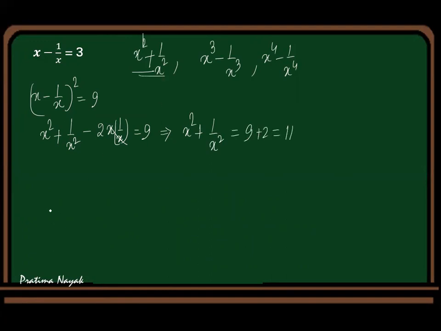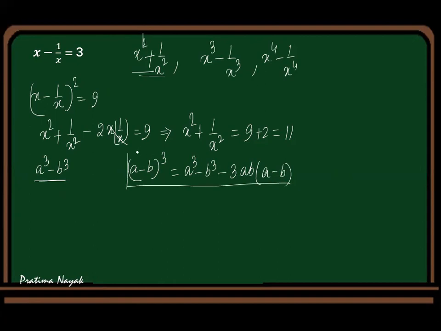One part is gone. Next, coming to x cube minus 1 by x cube. Here I will apply the formula: (a minus b) whole cube is equal to a cube minus b cube minus 3ab within bracket (a minus b). This formula you need to find this.